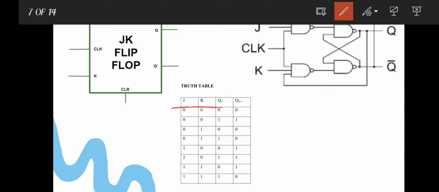This is the structure for the SR flip-flop. Only a change is made for this JK flip-flop; the previous flip-flop did not have these connections.